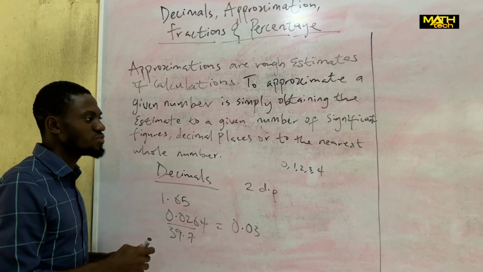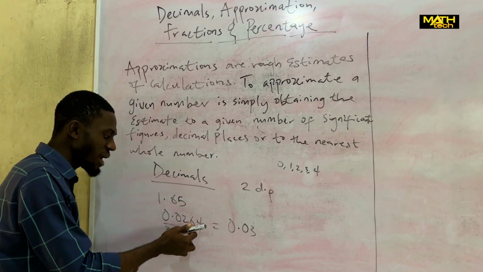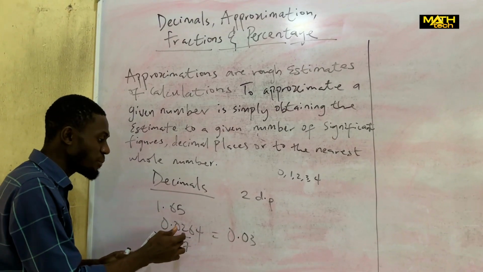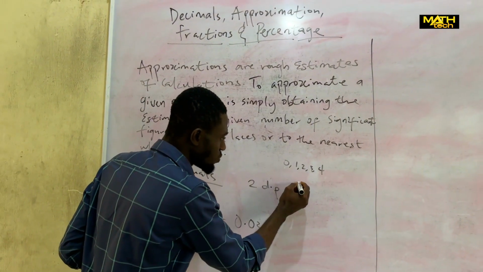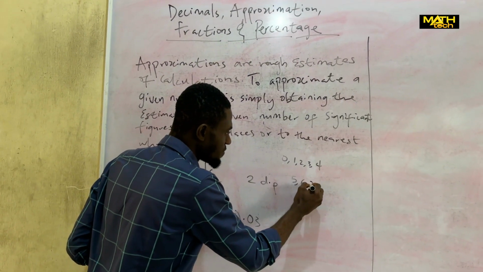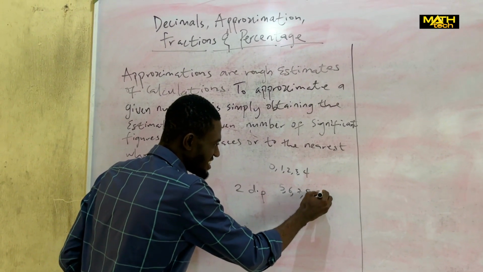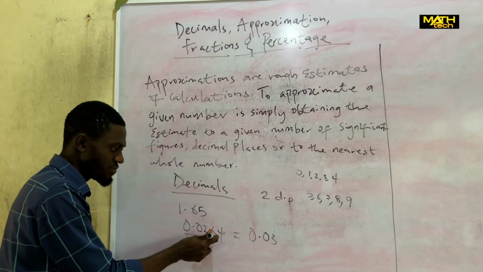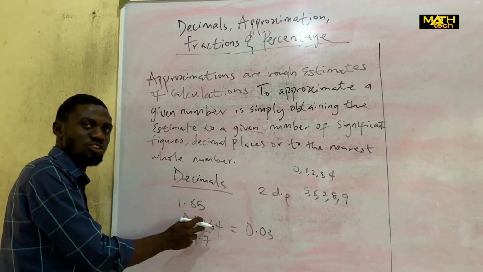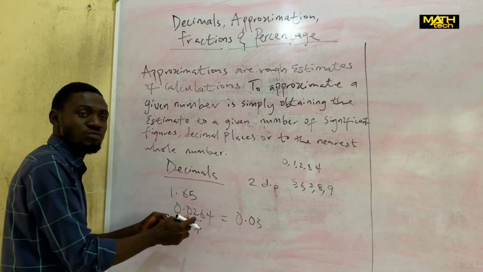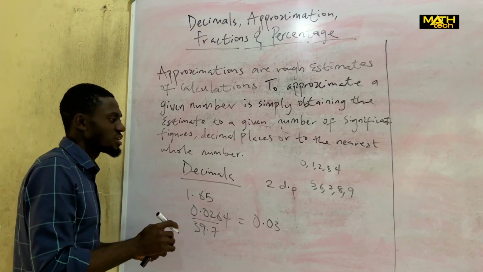But in a situation whereby the next number after the given number of decimal places is greater than or equal to 5, that is from 5, 6, 7, 8, 9, then we have to add 1 to the last value, which is at the last decimal place.